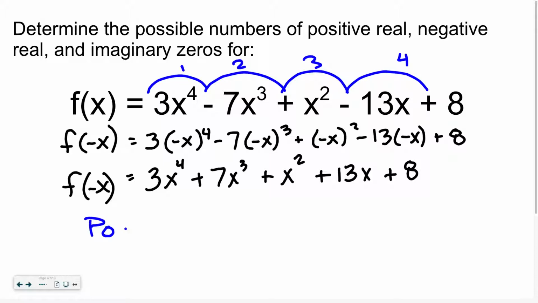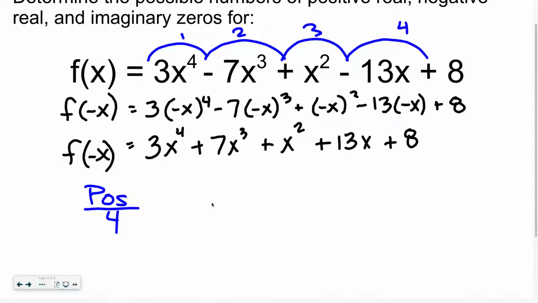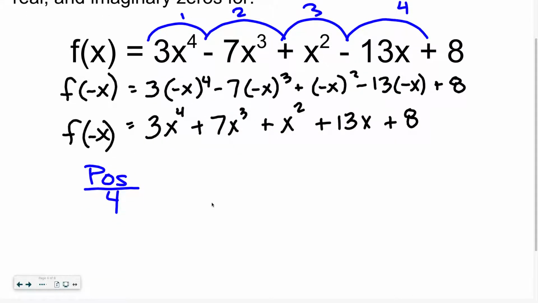So for the positives, there were 4 sign changes, but we know it could be equal to that number or less than that number by an even value. So it could be 4, 2, or 0. Now let's do the negatives. Sign changes.